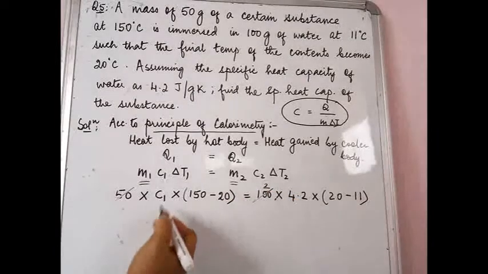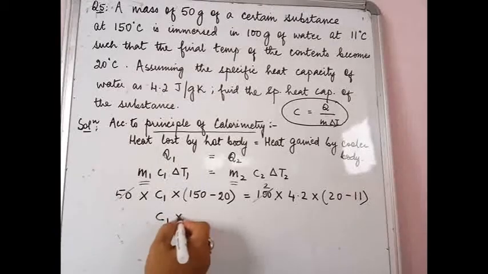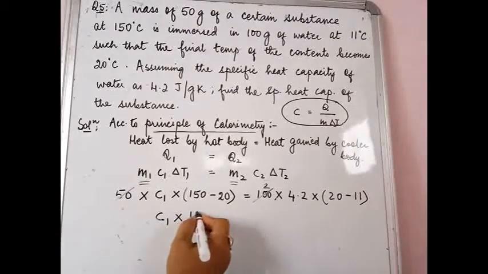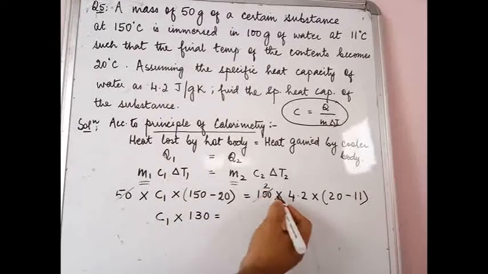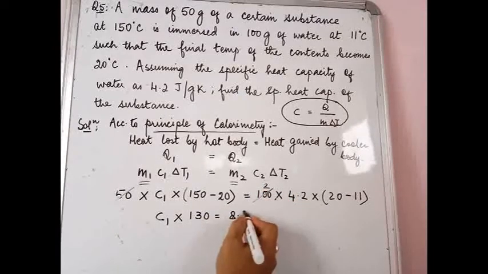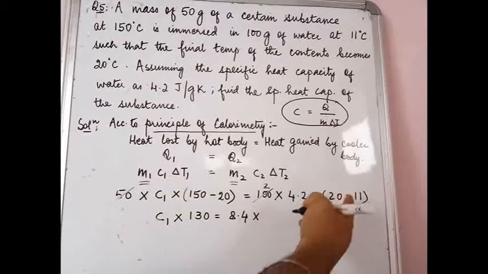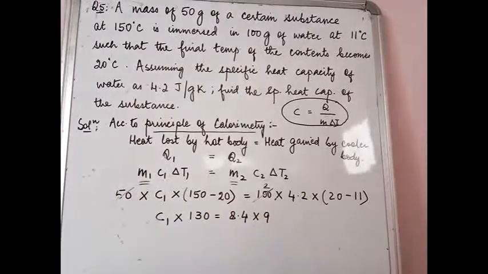Now in the next line you can write down C1 multiplied by 150 minus 20, which is 130, equal to 8.4 multiplied by 20 minus 11, which will give you 9.